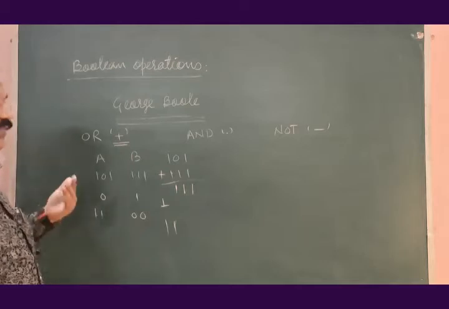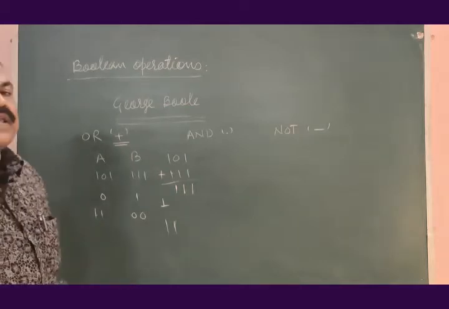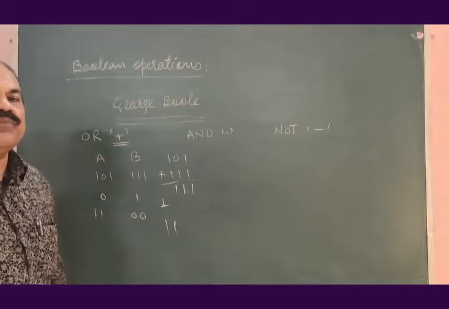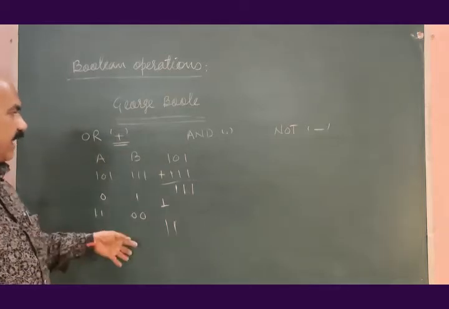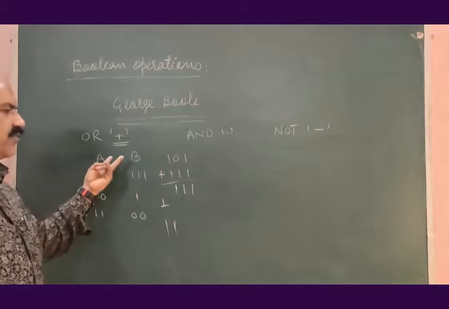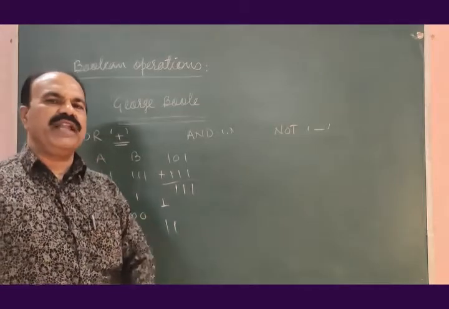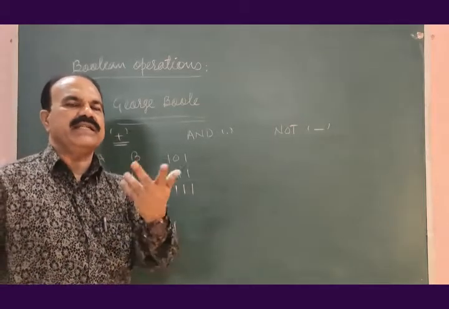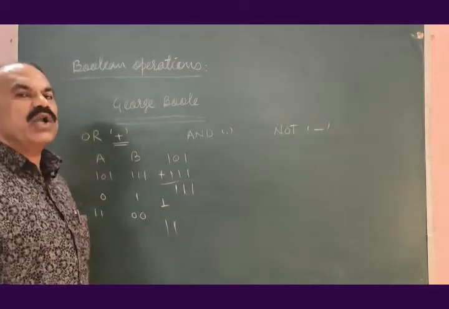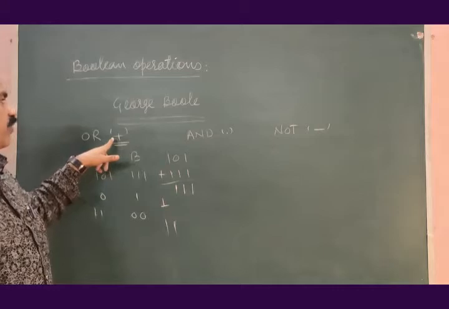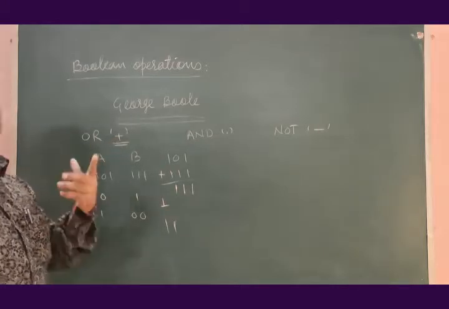This way, whenever we are given any input data for A, for B, I have taken only 2 variables. You can have 3 variables, 4 variables, etc. And you can perform the OR operation with the help of this OR operator.